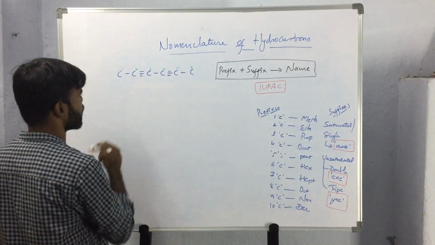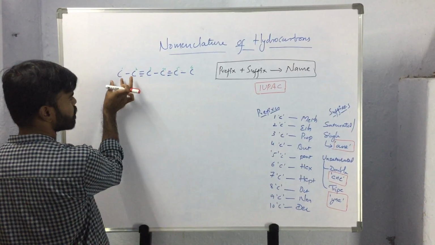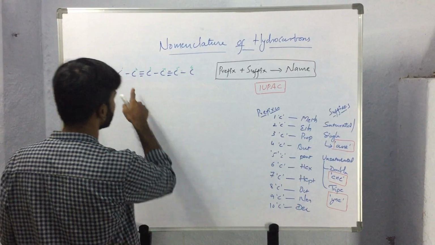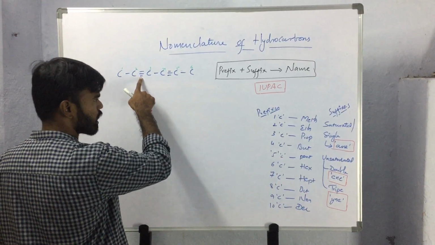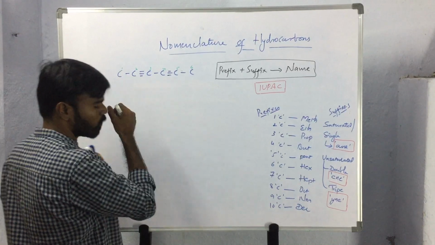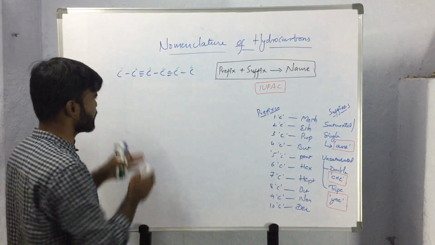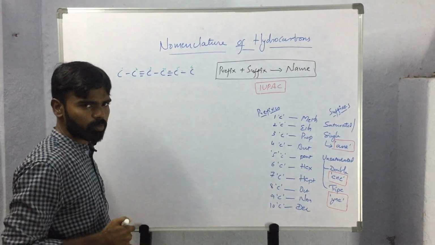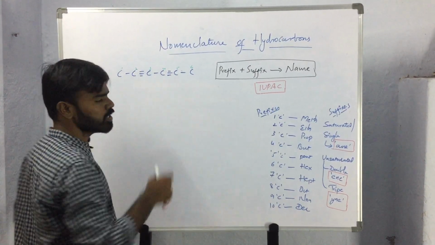We have to give numbering. If we start numbering from this direction or from this carbon atom, the same thing will happen, because here also the second carbon atom is having the unsaturation. Whichever direction or whichever end we select to start the numbering, that won't be a problem.